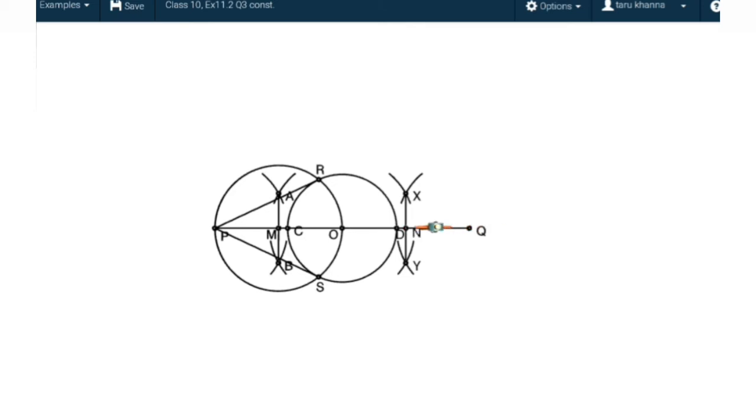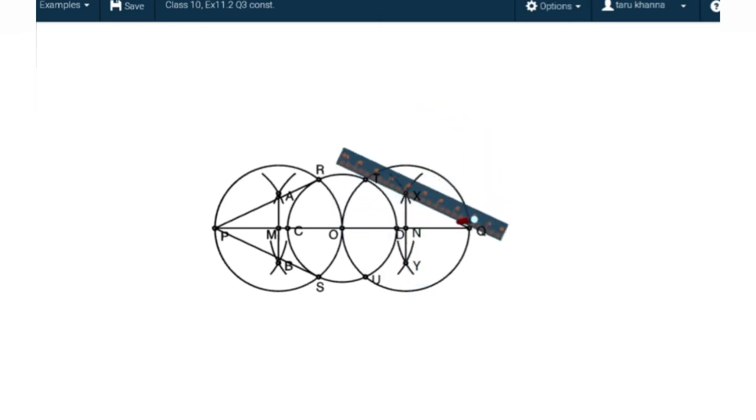Now with N as center and radius equal to ON or NQ, whatever you say, we will draw a circle to intersect the given circle at 2 points. And we will mark these 2 points as T and U respectively.